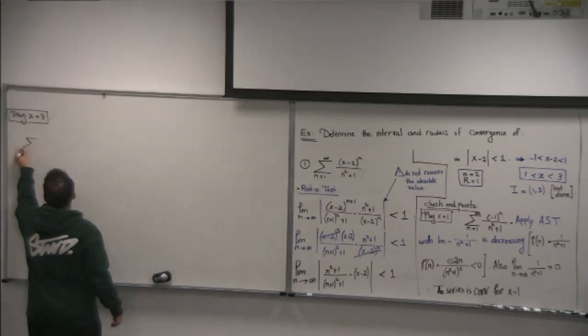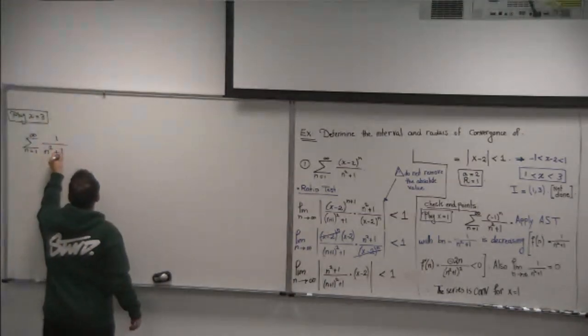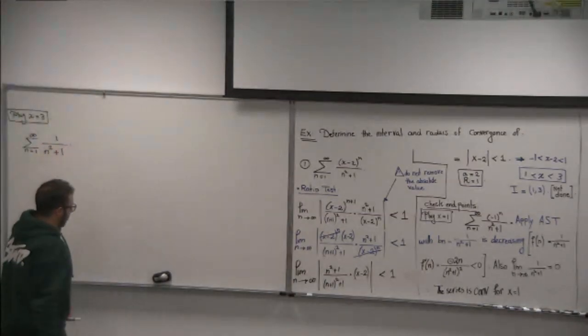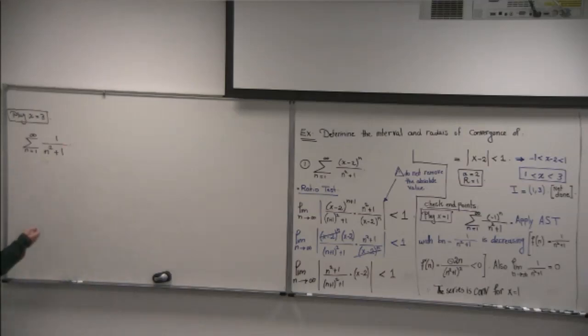So it's just going to be 1 over n squared plus 1. Okay. Now this looks something like a P series, a convergent P series, because I know that 1 over n squared alone is convergent, p equal 2.